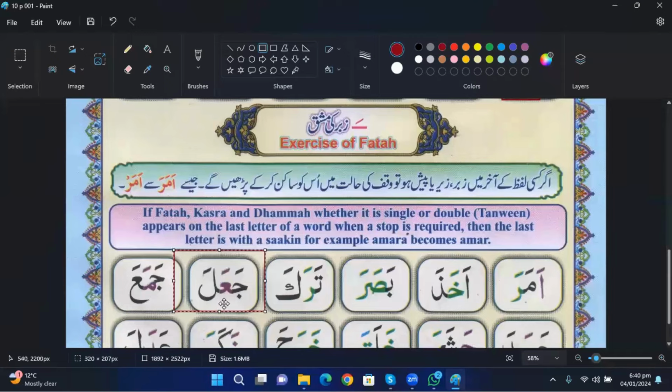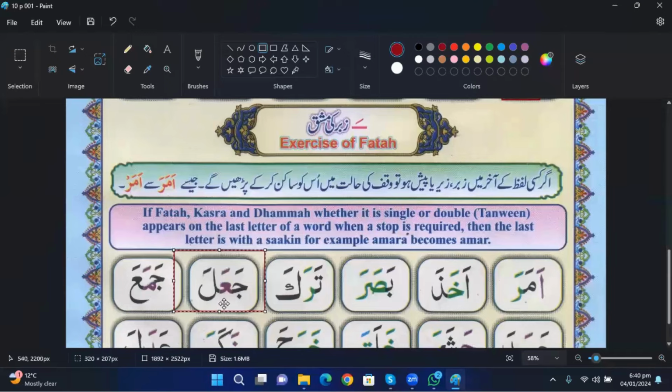In this word, Kaf Kasra will be read with a light tone. Kha Dhamma khu, Lam Kasra li, khuliqa, Fatha qa, khuliqa. Kha will be read with full mouth, and Qaf will be read with full mouth as well. Khuliqa.